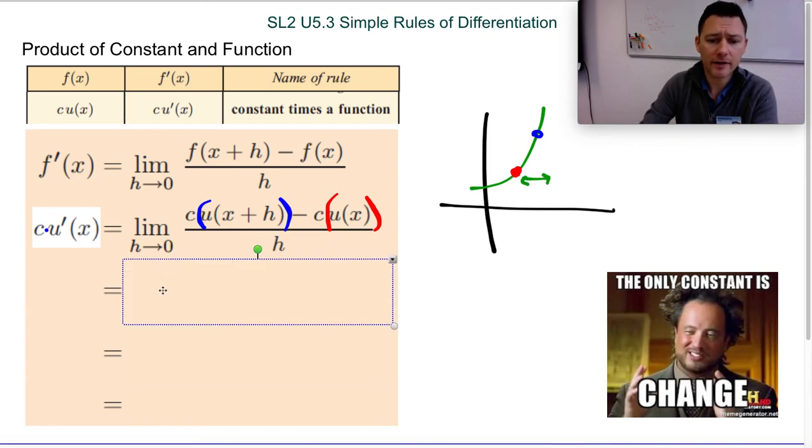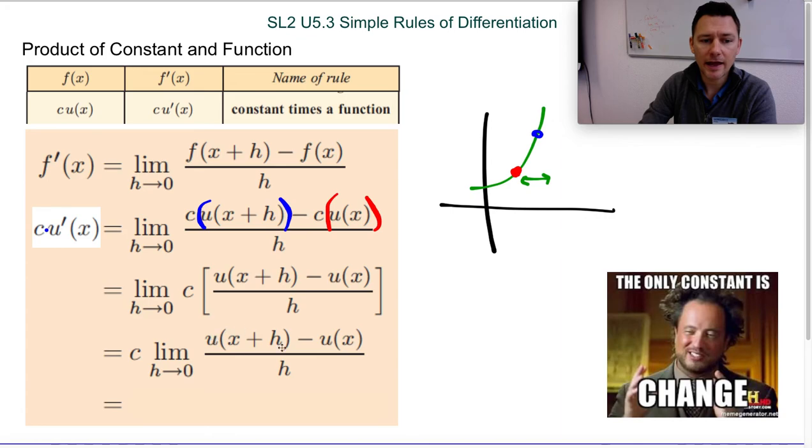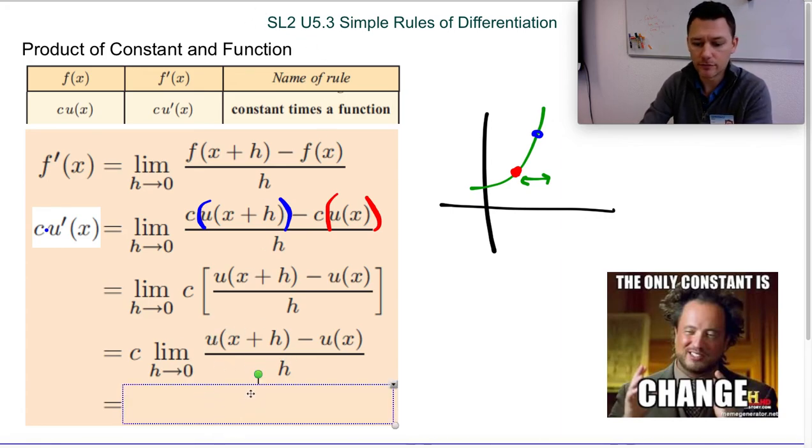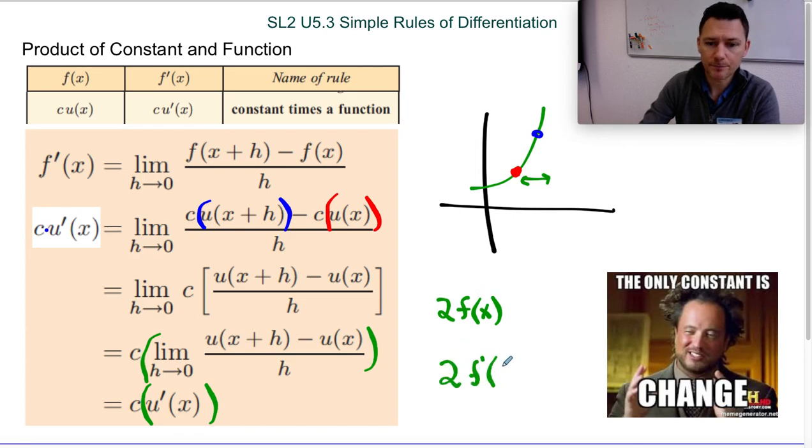You can factor out the c value, which is nice, and then the limit of all that mess times c is really just c times the limit of all that mess, and the limit of all that mess is just called the derivative, right? So this piece, this is just the derivative, which we call u prime. So in short, if you had like 2 f of x, and you wanted to take the derivative, you'd have 2 f prime of x, right? Not that big of a deal.